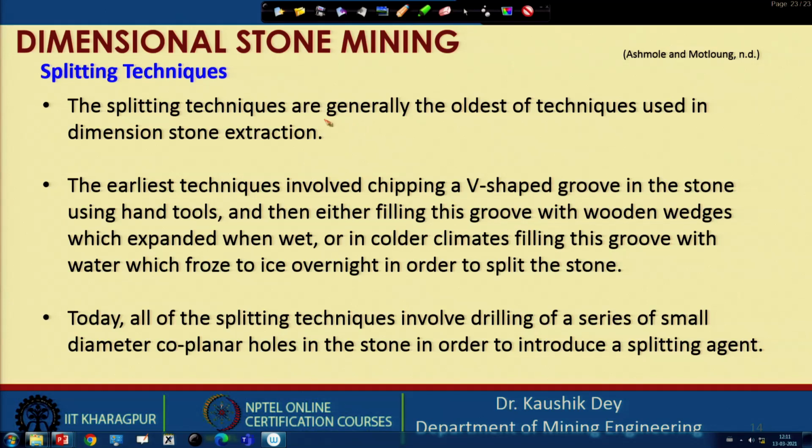In splitting technique, this is the old technique. Earlier probably the rock blocks were having joint sets like this, these are the bedding planes and having joint sets like this. In a number of places this part is chiseled and hammered by the local people to take out each block separately, to use them as their building stone.